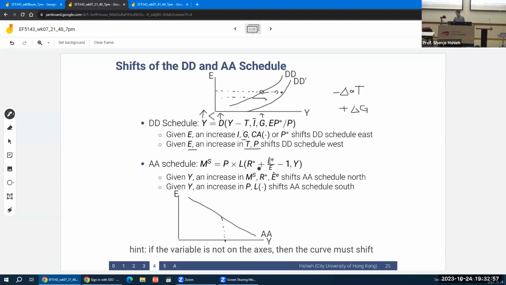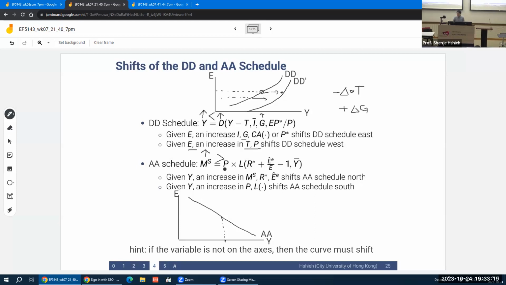If we decide to increase, for example, money supply, that's going to distort this AA schedule equilibrium equation in this fashion, right? The left side is going to be greater than the right side. And we want to change E to some point that allows us to restore equality, right?